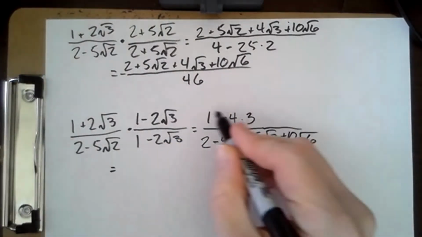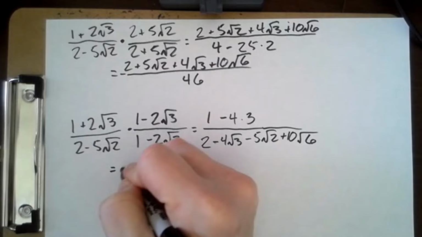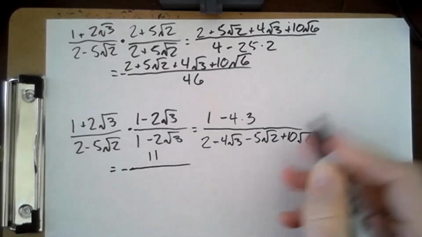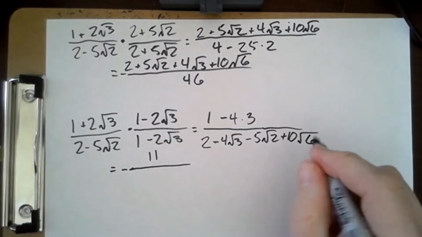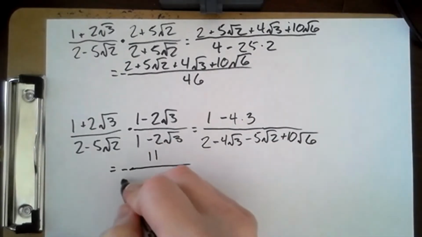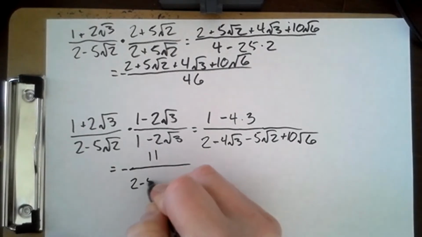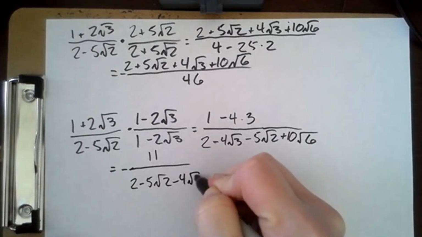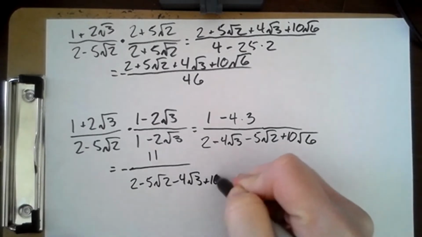Okay, so we wind up with 1 minus 12 is negative 11 over, all of this stuff stays, I'm just going to put it in order by the size of the radicand. So that's 2 minus 5 root 2 minus 4 root 3 plus 10 root 6.